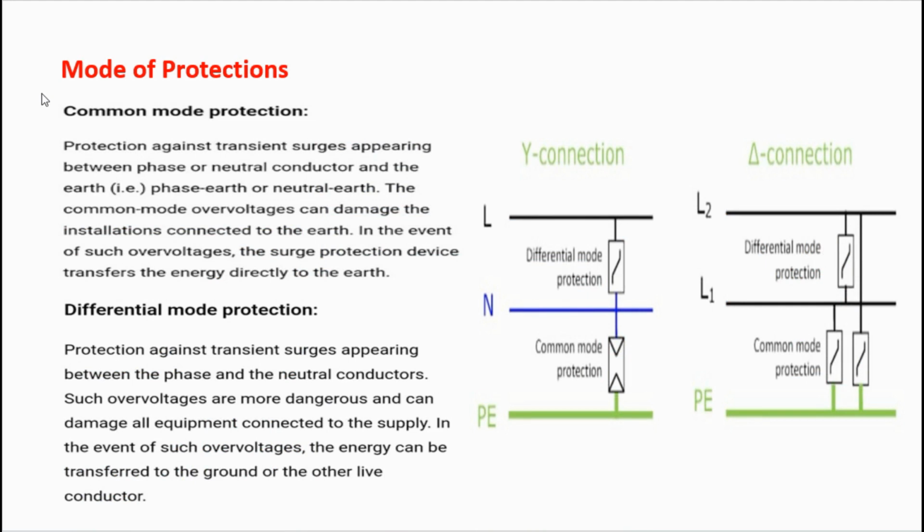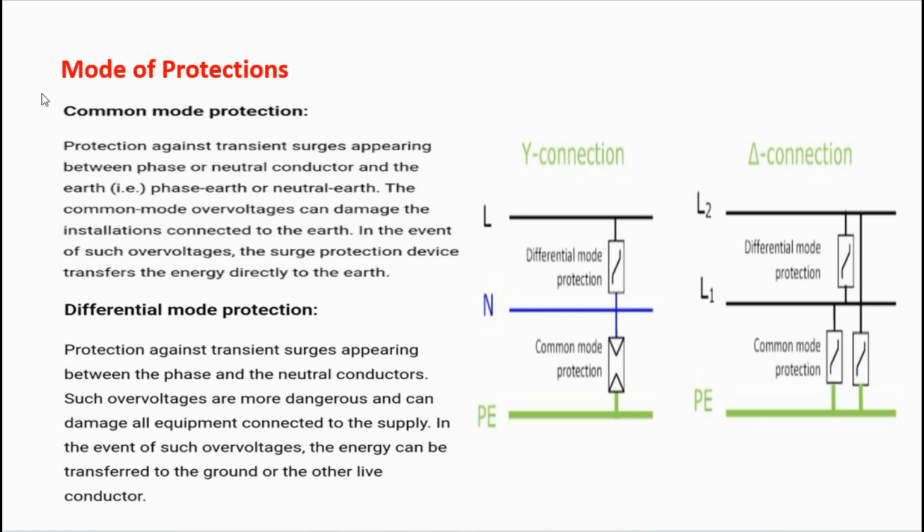Now we have to check the mode of protection of SPDs to be installed in different hierarchies in order to provide the protection. For Y and delta connection, there are different modes used to protect either phases or neutral.